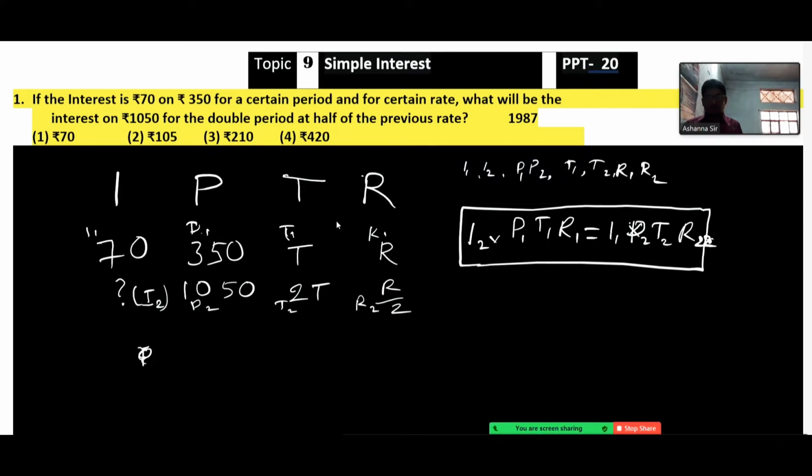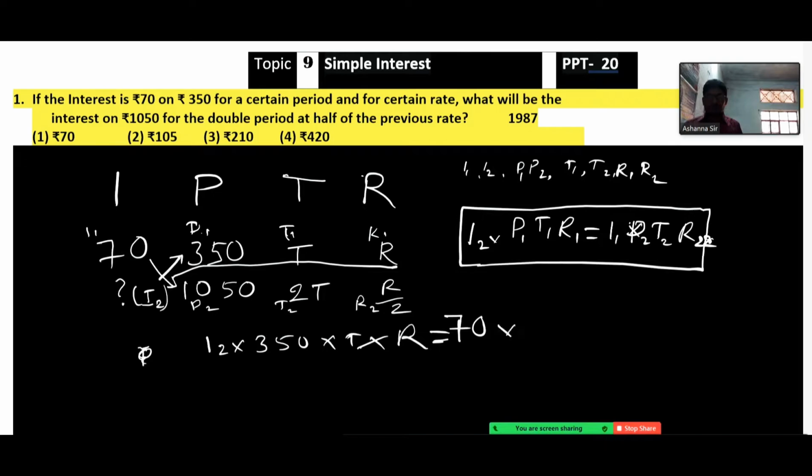Now we write the values. I2 into 350 into T into R. Next, I1 into these values: 70 into 1050 into 2T into R by 2.